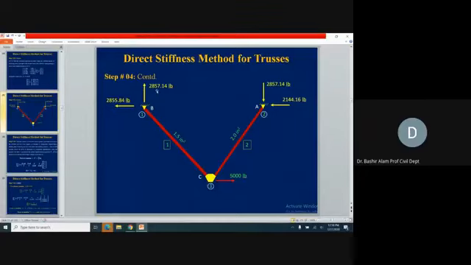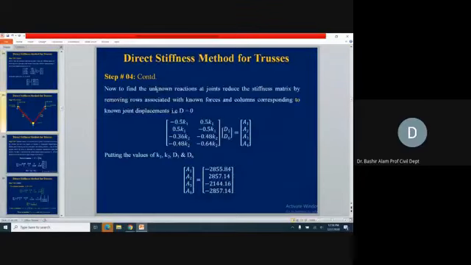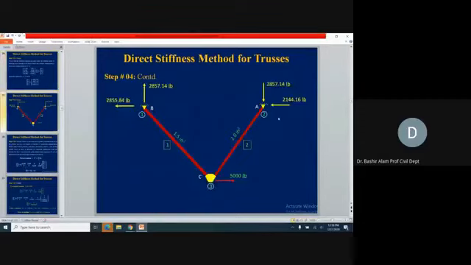This is 2857. A3, if we see, is negative, so again it should be leftward directed, and we see it is leftward directed. So if we sum up these horizontal reactions, they balance this 5000 load.